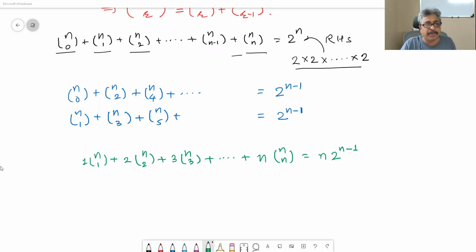Out of n players, we have to create a team of r players. We don't know, r could be 1, r could be n, r could be any number between 1 and n, and then after doing that we are supposed to choose the captain of that team.